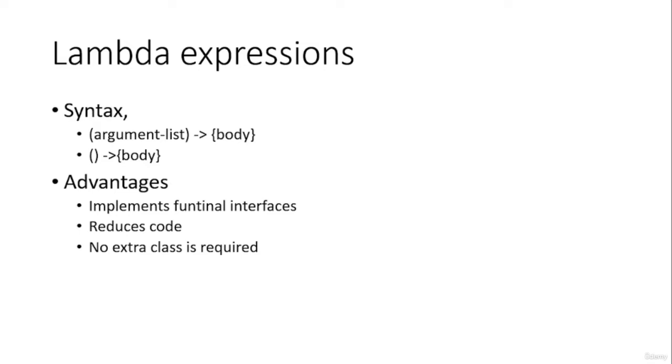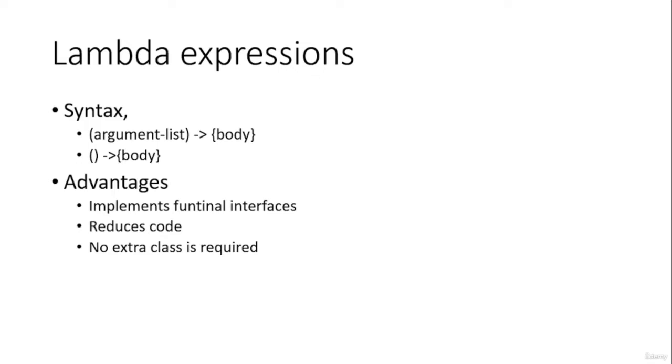Now let us discuss some of the advantages of lambda expressions. When you create lambda expressions, no extra class files are generated, so lambda expressions reduce that part of the code, and no extra classes are required. Lambda expressions also reduce the amount of code which we need to write.